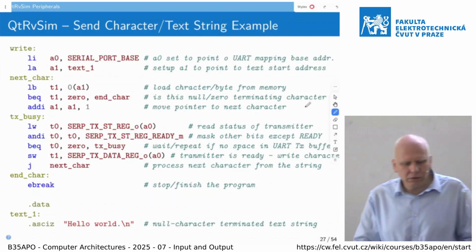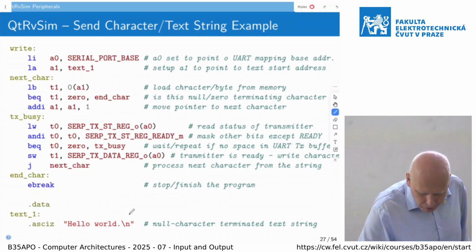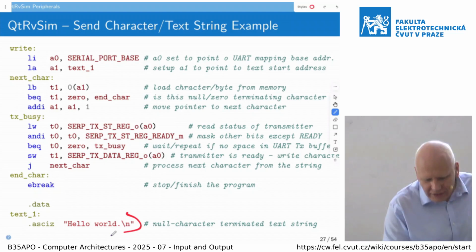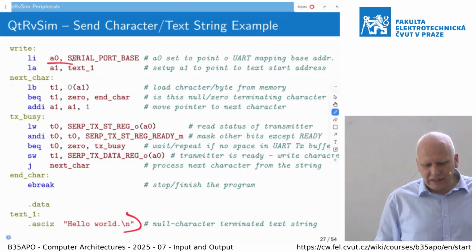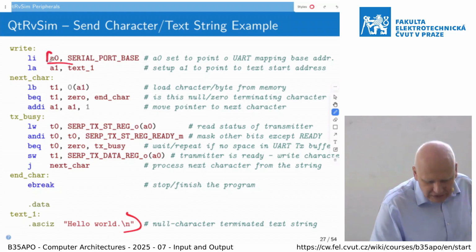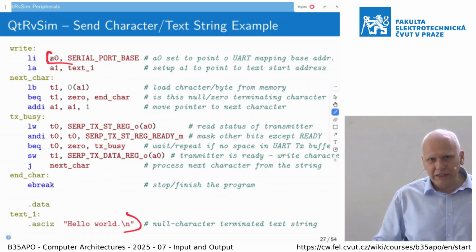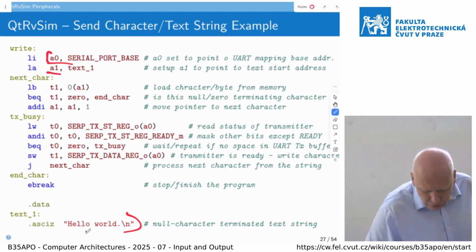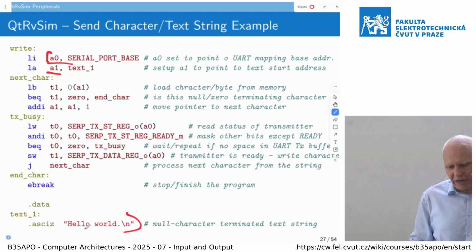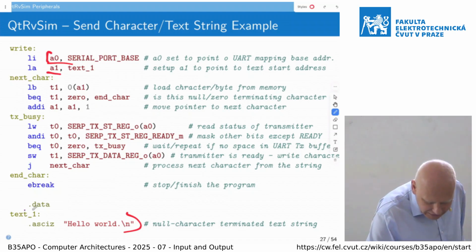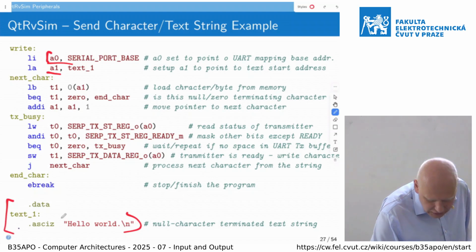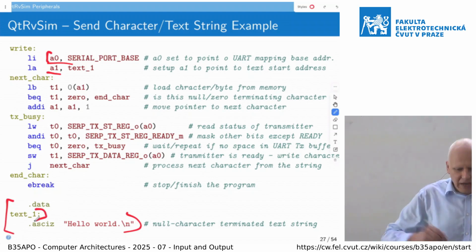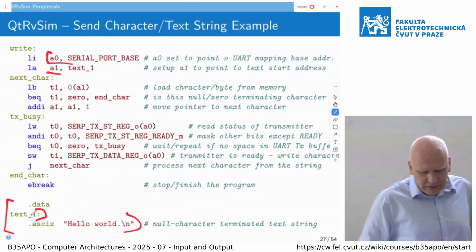If we want to write the famous hello world on our terminal, we set up the A0 register to point to the base address of the serial port, and A1 to point to the text which we want to write. That text is in the data section, and its address is assigned to the label text1.